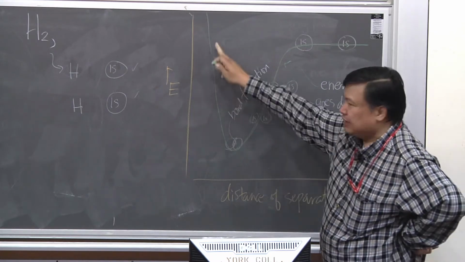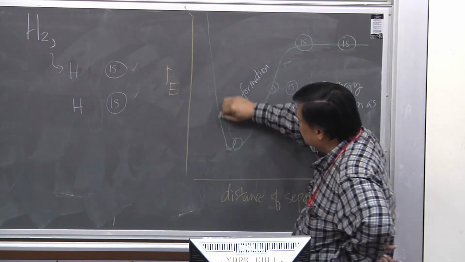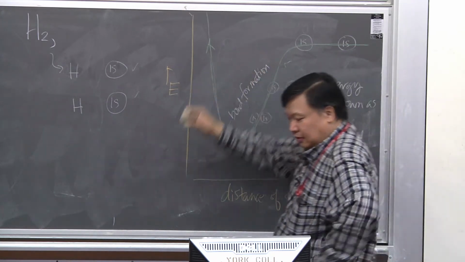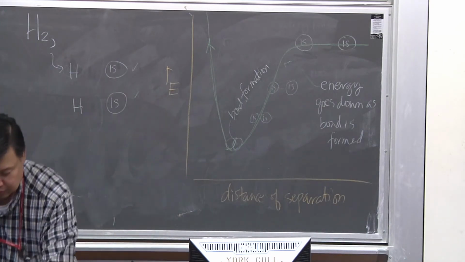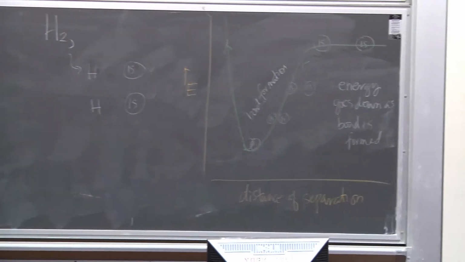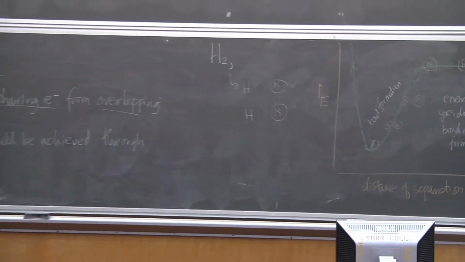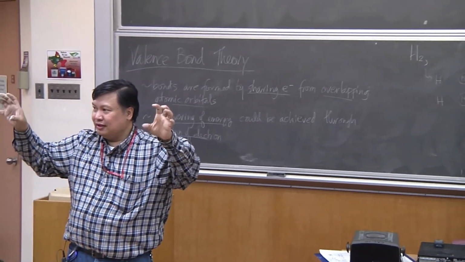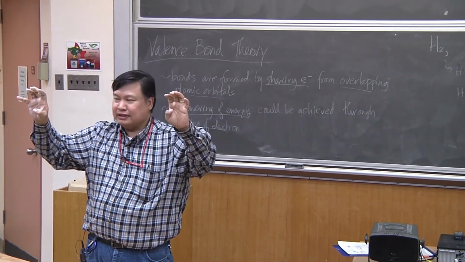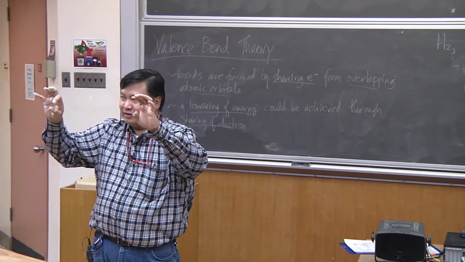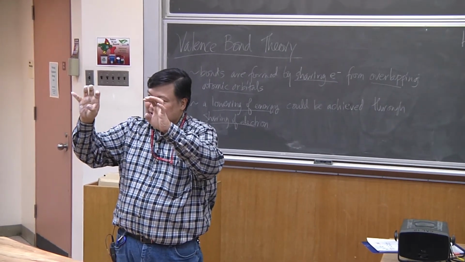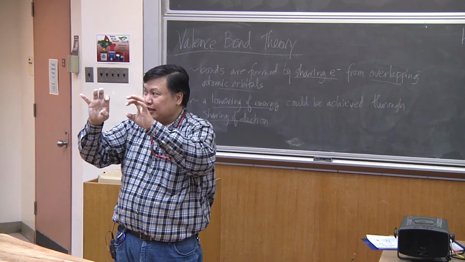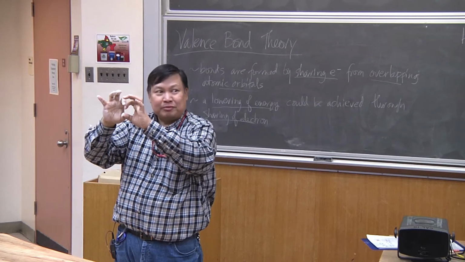What happens in this area? Why is the energy going up? Everybody follow? Here are my two 1s's. At the center of each is a proton, and outside is the electron. This proton is going to attract this electron, and vice versa, so they form a stable interaction, forming a stable bond.